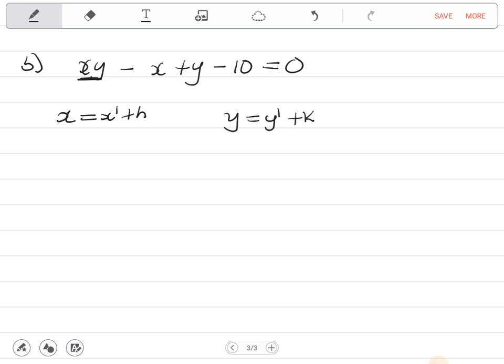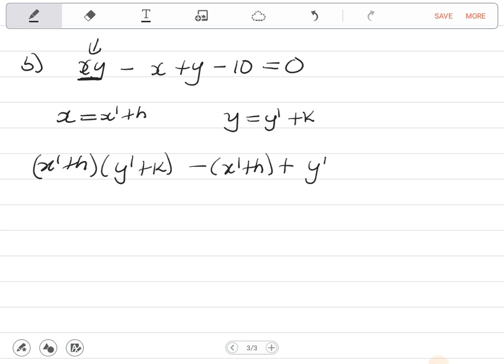Here we don't need the center because of this particular term. We just substitute, then we find h and k. So where there's x we put x prime plus h, where there's y we put y prime plus k: (x prime plus h)(y prime plus k) minus (x prime plus h) plus (y prime plus k) minus 10 is equal to 0.